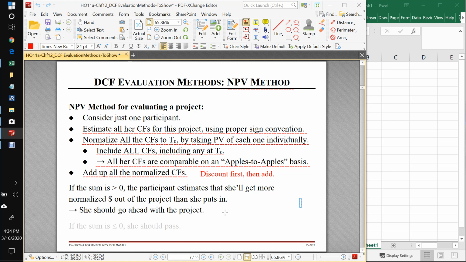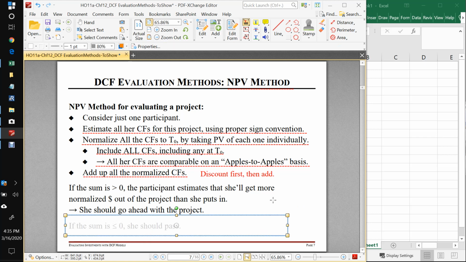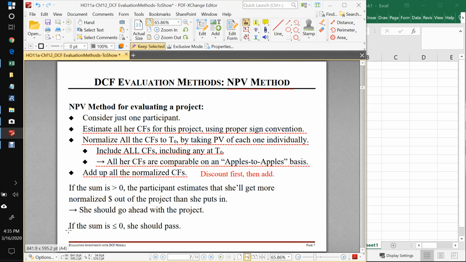So that's going to be a very helpful thing, i.e., if she gets more time-normalized cash out of the project than she puts in, then she should go ahead with the project. And if the sum of her normalized discounted cash flows is less than 0, she should pass on this project and not worry about it.